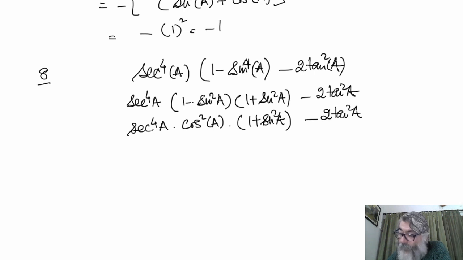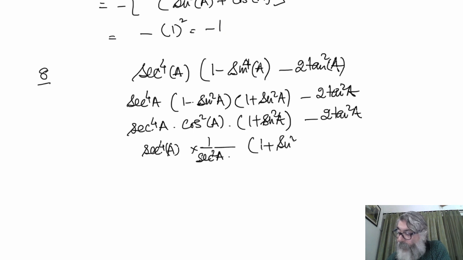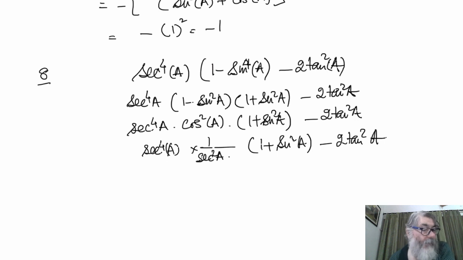Now sec 4a if I write, and cos is 1 upon sec square a, 1 plus sine square a minus 2 tan square a.